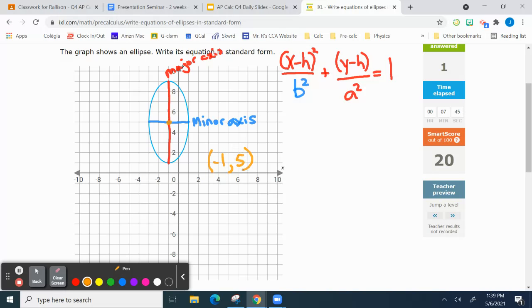So that means that h equals -1 and k equals 5. And I just noticed that, continuing the tradition of not being able to do two things at once, I got all distracted and didn't complete that equation. So now we got to find a and b.